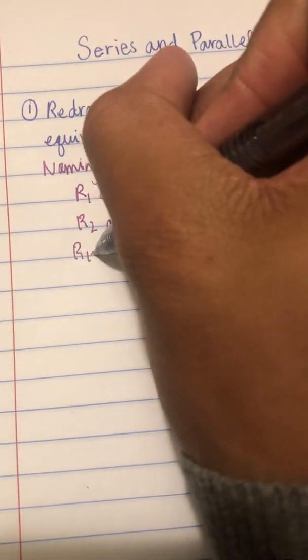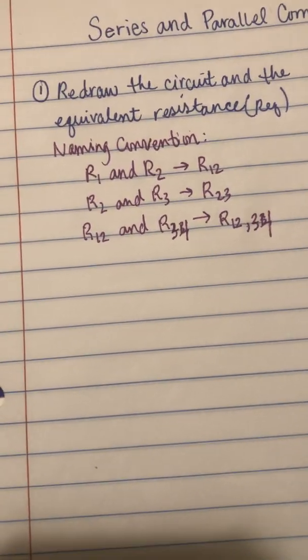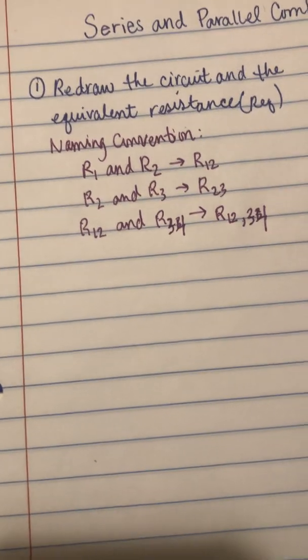Now let's say you combined R1 and 2, and then you combined R3 and 4. If this is R12 and you combine that with R34, it's going to be called R12, comma, R34.